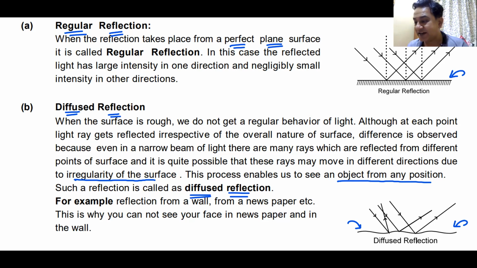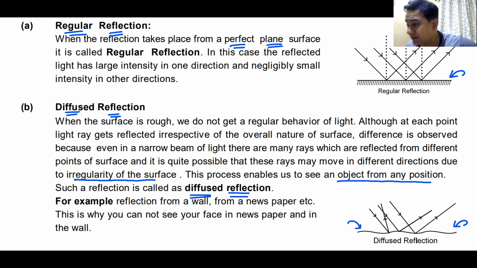I hope all of us understand this. Yes or no? Very simple. You just have to draw the diagram. If the reflection is taking place from a perfectly plane surface, it is known as regular reflection. If it is taking place from a zigzag sort of surface, it is diffused reflection.